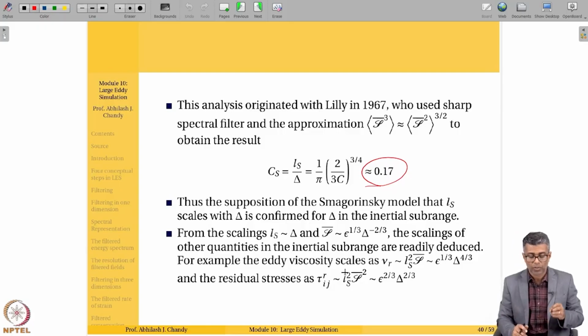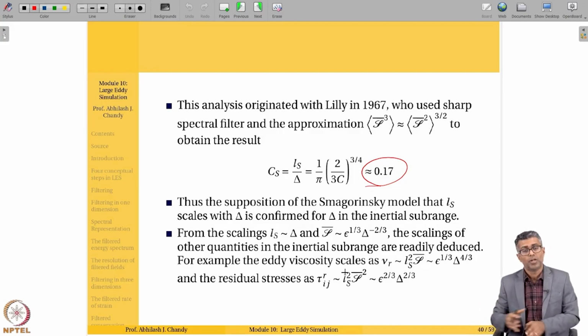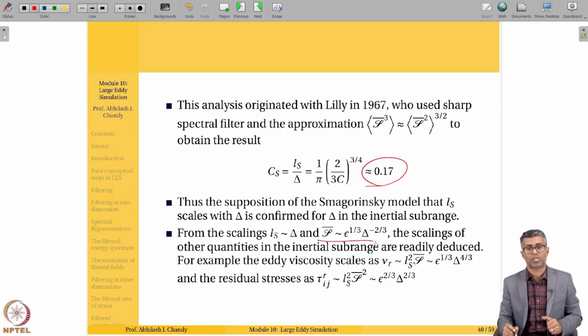So from these scalings, what we understand is that now that you got a CS value of 0.17, a constant, we are saying that LS basically scales with delta, because LS is 0.17 times delta. So LS scales with delta. If LS scales with delta, S bar also scales with delta. So S bar, the characteristic filtered rate of strain, is epsilon to the 1/3, delta to the minus 2/3.